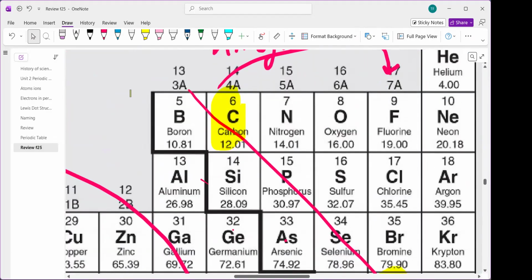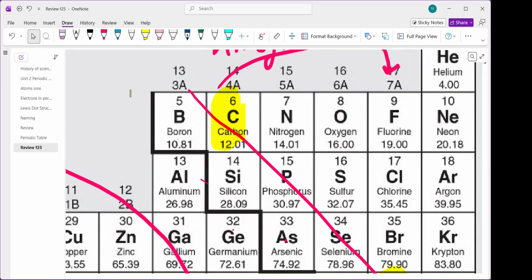Carbon's got two numbers, a symbol, and sometimes a name, depending on what periodic table you have. Yours doesn't have the name on it. I'm sure one in your lab packet does. It's just that in 1A, they expect you to know these symbols and what the name is. So that's why this is the official departmental periodic table, except not mine. Mine has the names in.